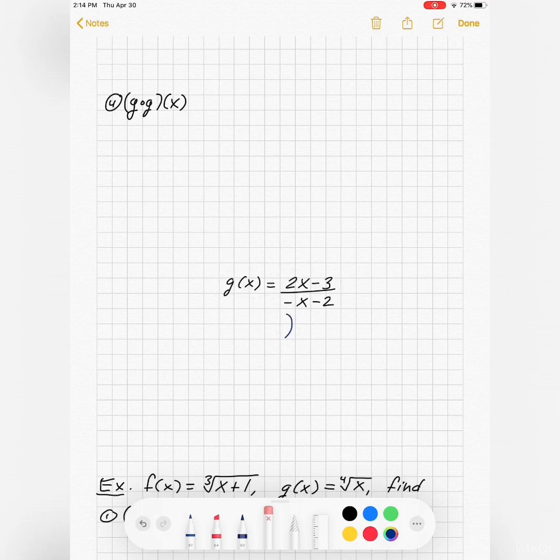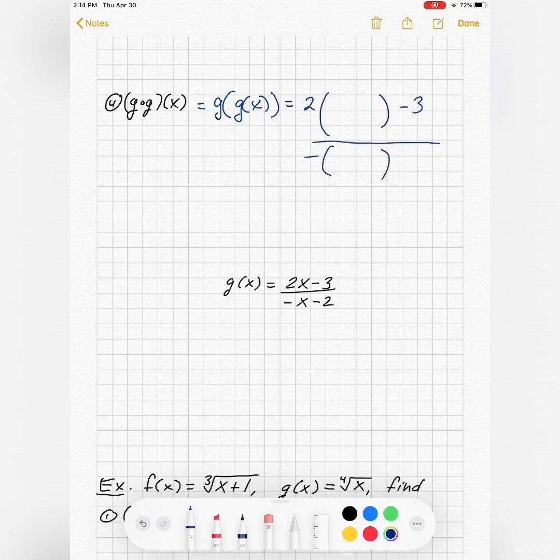There's that g function for reference. Now I'm taking g and plugging it into itself. The template for g looks like this, but now I have to put that whole fraction back into each of these parentheses.